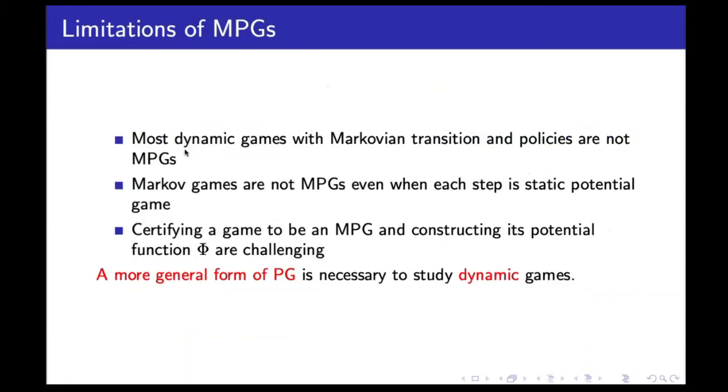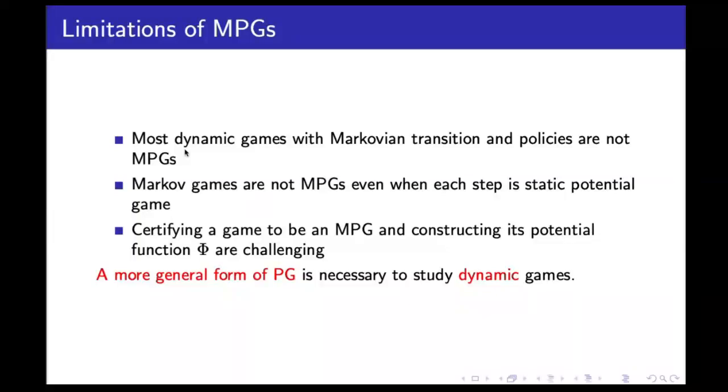But what are the limitations here? The first is that most dynamic games with Markovian transition policies are not MPG. There are very concrete counterexamples showing that even if at each time step we are playing a static potential game, the overall accumulated reward is in general not a macro potential game.